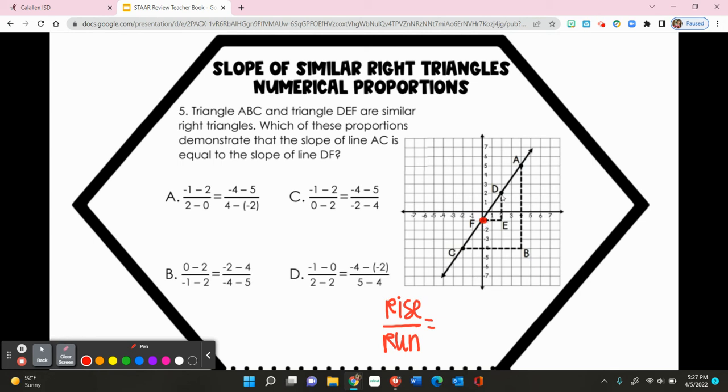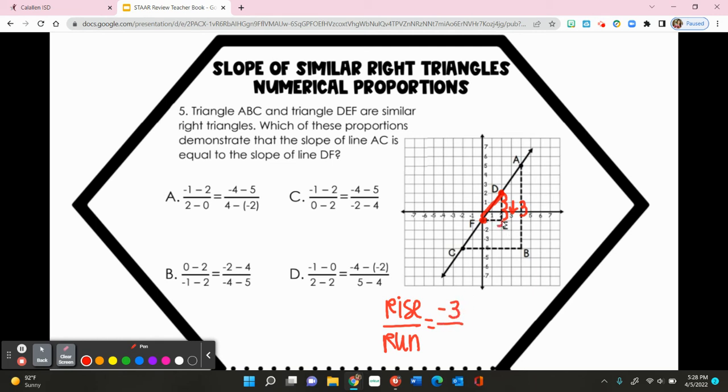So that's going from point D to point F. And I can start off at whatever point I want. I'm going to start off at D, and I'm going to follow my triangle. Starting off at D, I first need to determine my rise. Am I going up or down to get to F? I'm going down by 1, 2, 3. And since I went down 3, my rise is a negative 3.